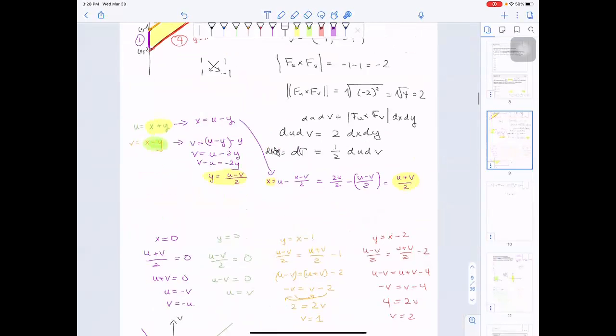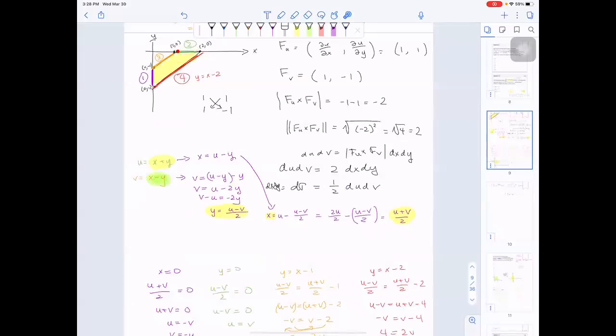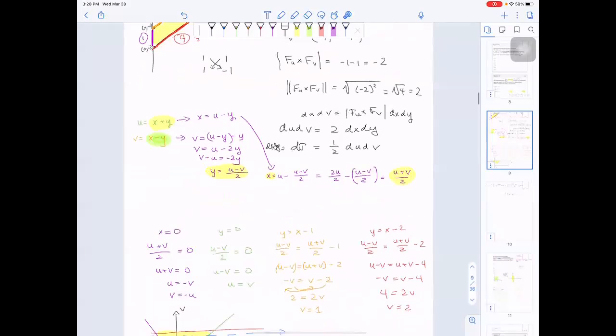Then for the green line, this is y equals 0. I got that y is (u minus v) over 2, and I simplify, get u equals v. And you do the same thing for each of the lines. So the orange line, y equals x minus 1: plug in y, plug in x, simplify, get v equals 1. Do the same thing for this red line here, get v equals 2.